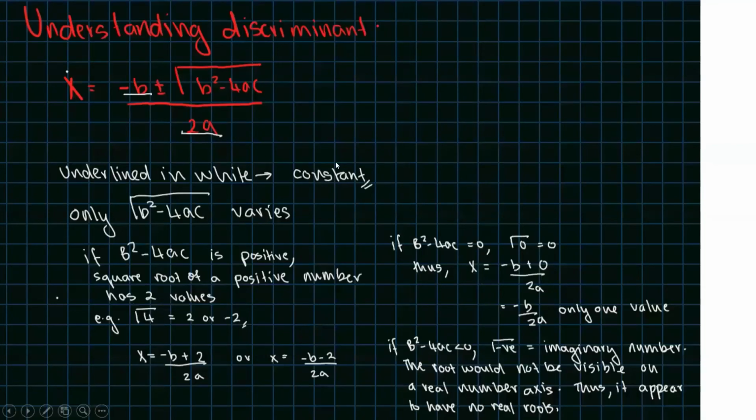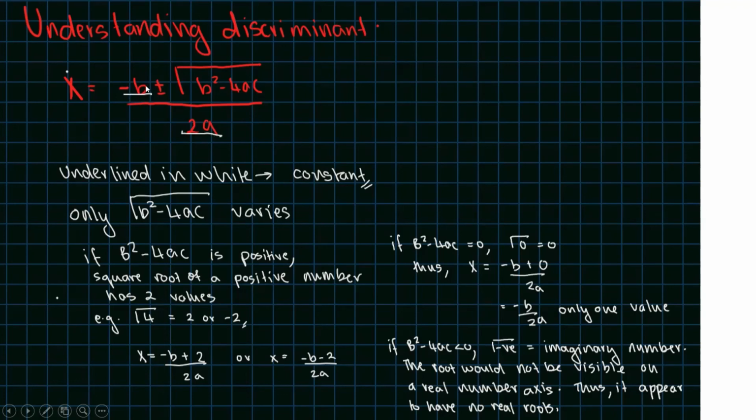Next up, we have understanding the discriminant. Looking at the quadratic formula, x equals negative b plus or minus the square root of b squared minus 4ac over 2a. Negative b and 2a, which are underlined in white, remain constant because they are coefficients with fixed values.